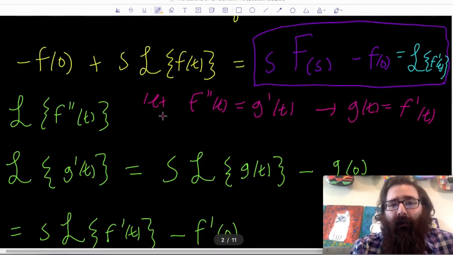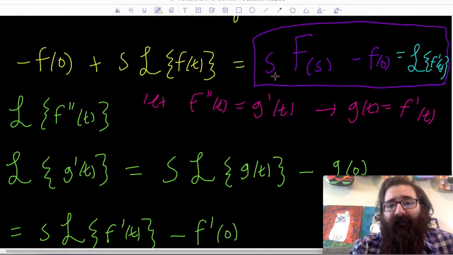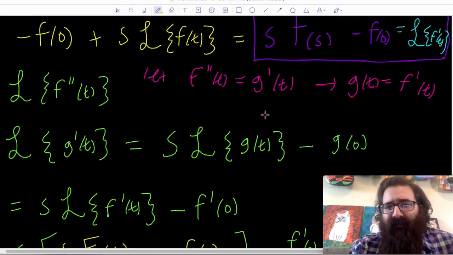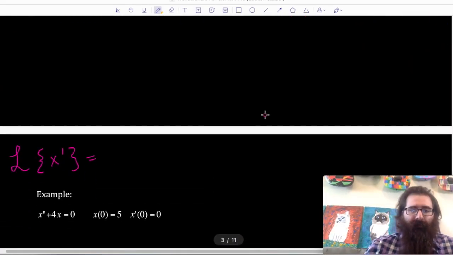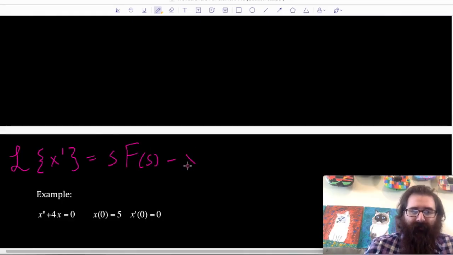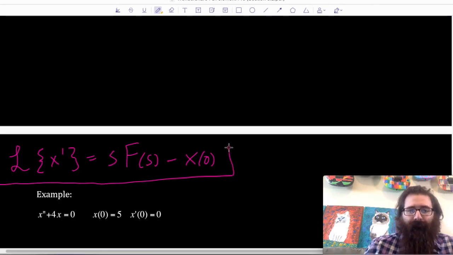Well, what was it that we showed? We showed that it's s times big F at s minus, and then here, instead of little f at 0, we would say x at 0. So s times big F at s minus little x at 0, and that's one of them.